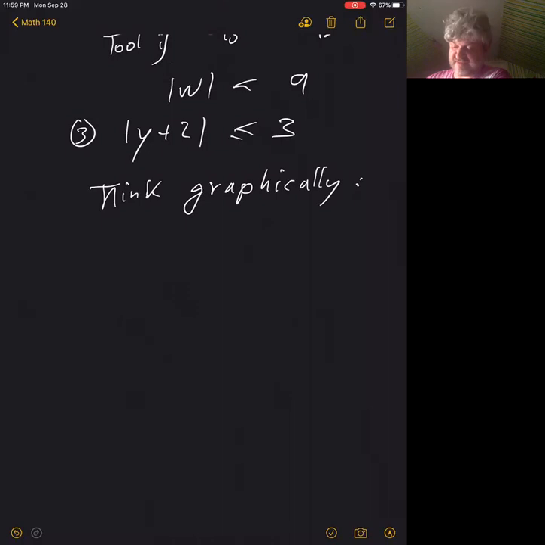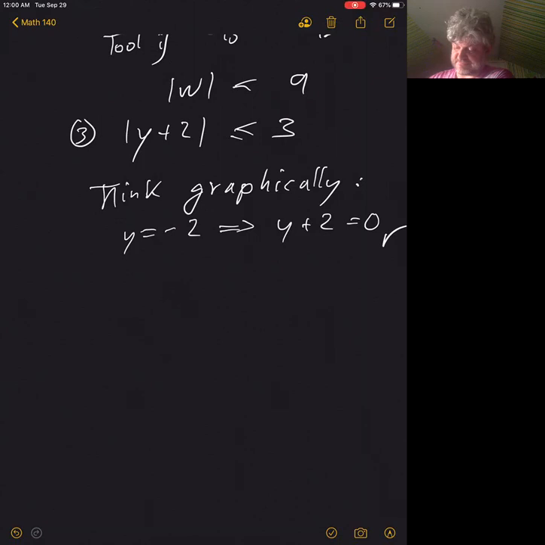When y is -2, then y plus 2 is 0. And then the inequality is true, so y equal to -2 is included. And then y can stray to the left or right from that number -2. And how far? 3 units.